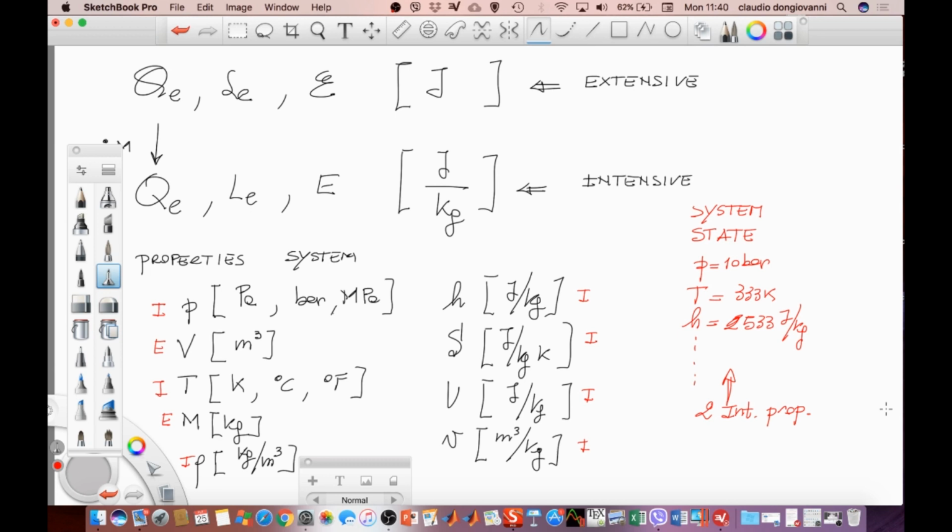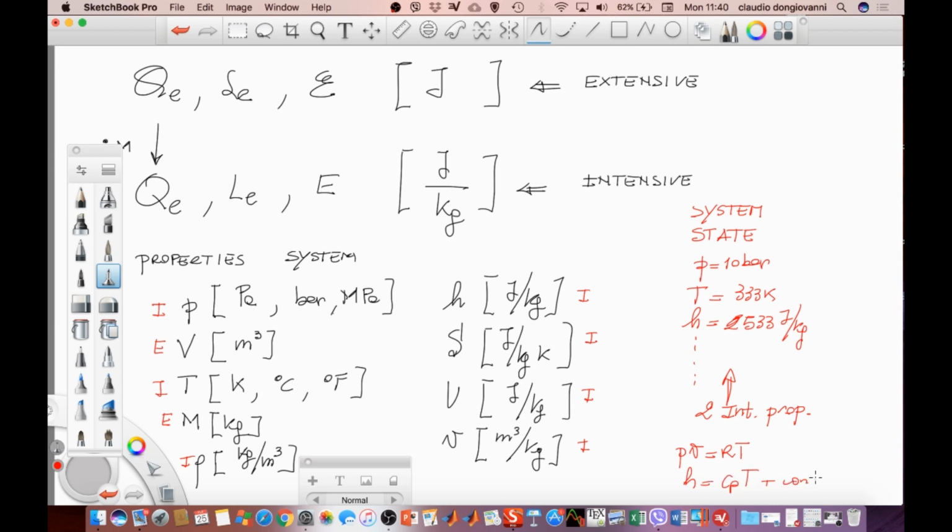So, for example, thanks to the ideal gas law, PV equal to RT. If you provide pressure and volume, you already provided the temperature. Okay? Same thing for enthalpy. You already know that H is equal to Cp T plus a constant.